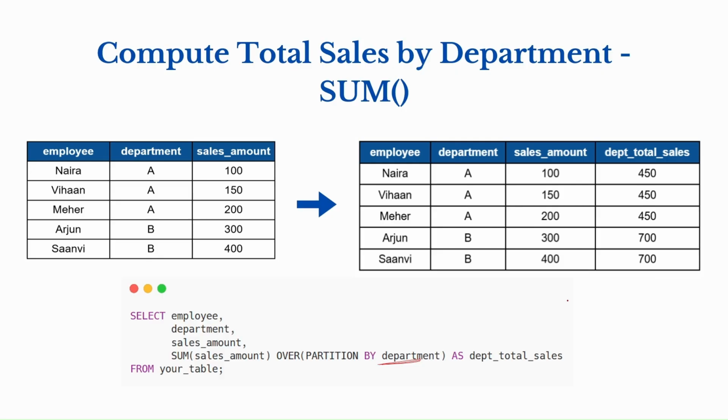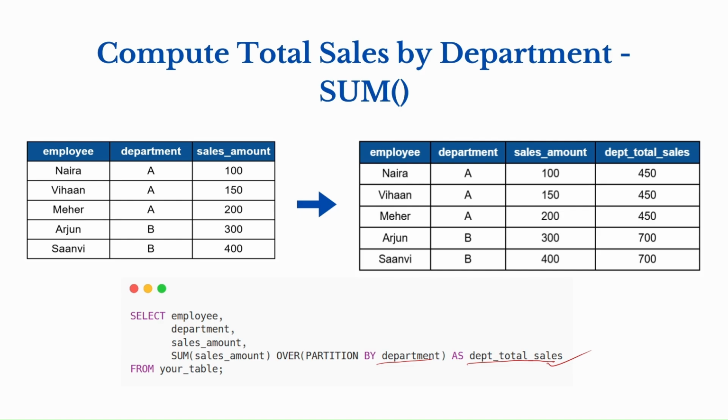That means we just want to group the data by each department, but since we don't want to collapse the rows, we simply want to compute the sum in a new column. So that's why here we have done the partition by on the department column, and then we have given the complete alias for this new column as department total sales.